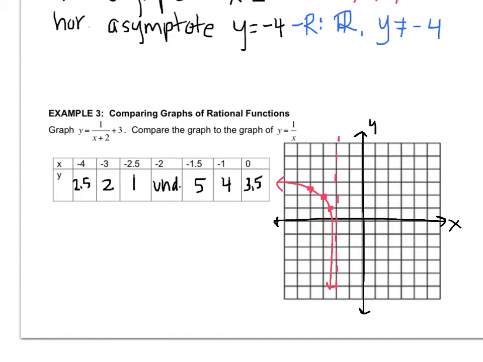And now I go to the other side. And same thing here, I can't touch that asymptote.